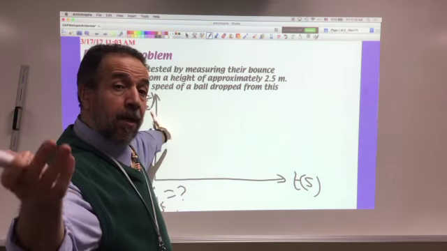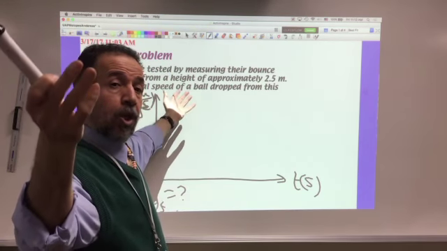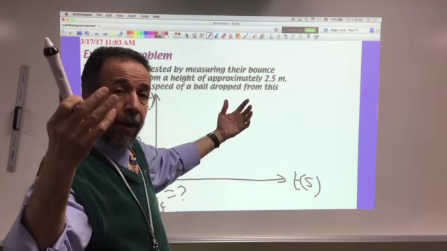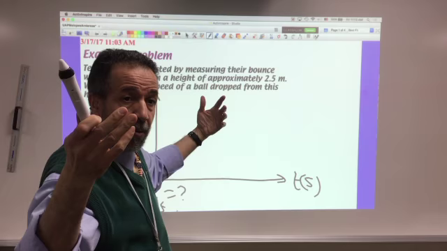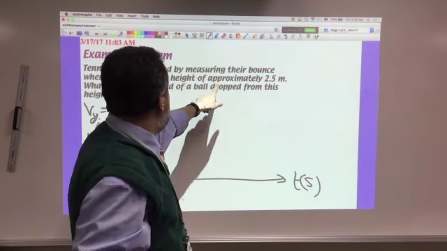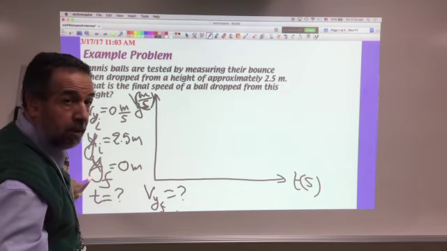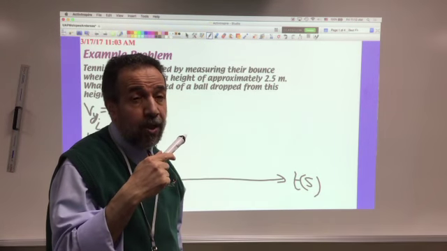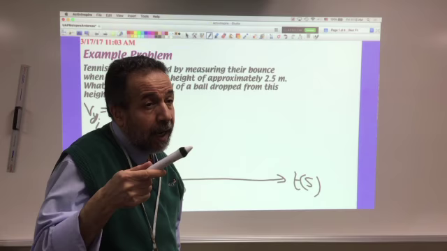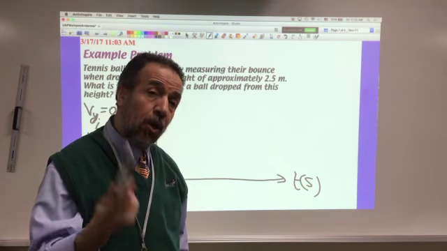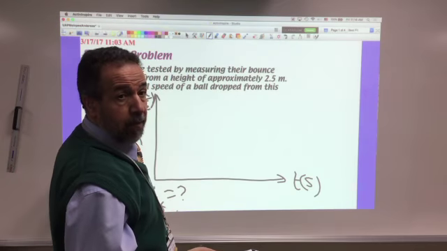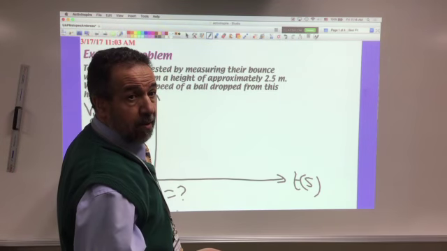But then again, let your geometry guide you, either a slope or an area. Those are the two. Since they gave me a displacement here, and if you recall from the other videos, delta x is representing the area under a line in the velocity versus time graph.